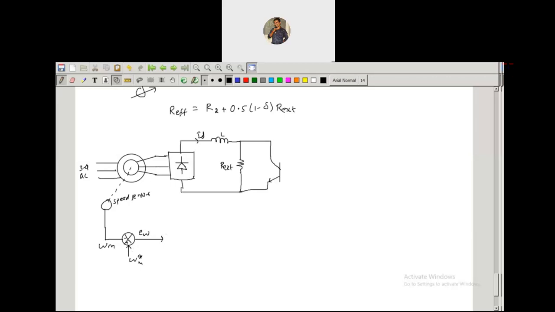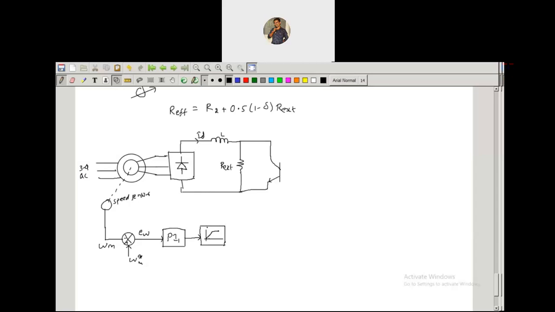This will be given to the PI controller, and the output of the PI controller will be given to a current limiter to limit the output. As we are using an integrator, we need a current limiter here.